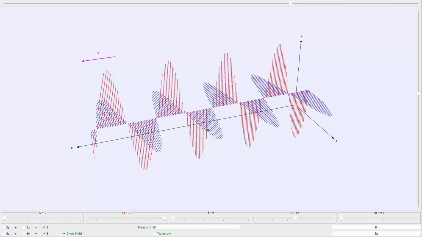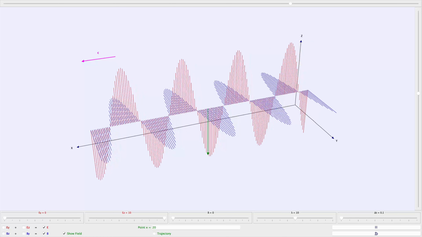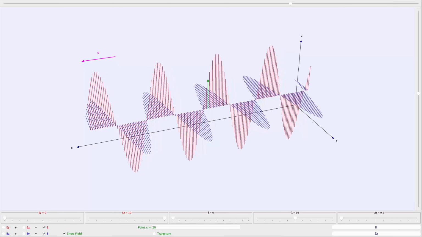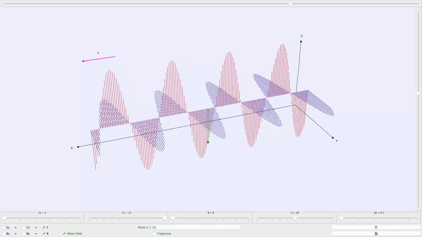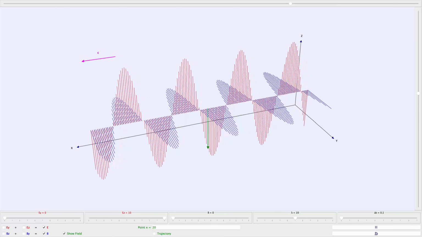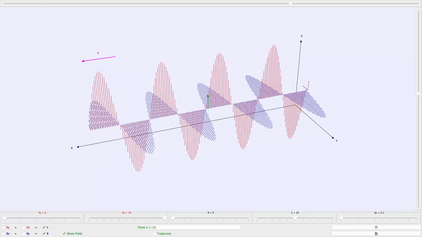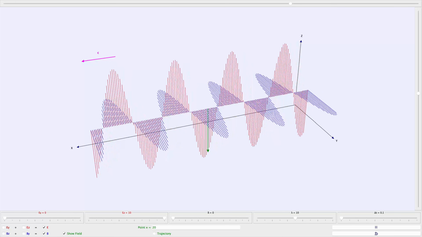And the reason for this, again, is that virtually every detector for light, except for a handful of super specialized detectors, is only really sensitive to the electric field and doesn't pay any attention to the magnetic field. So when we think about polarization of light, it's natural to think about the electric field.